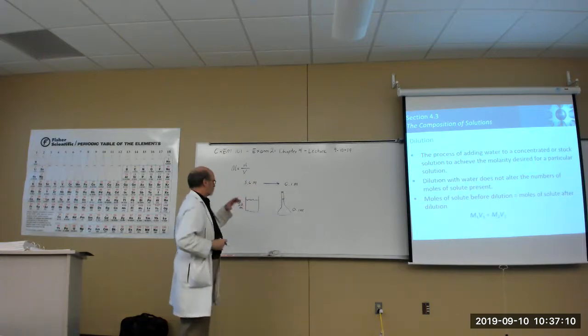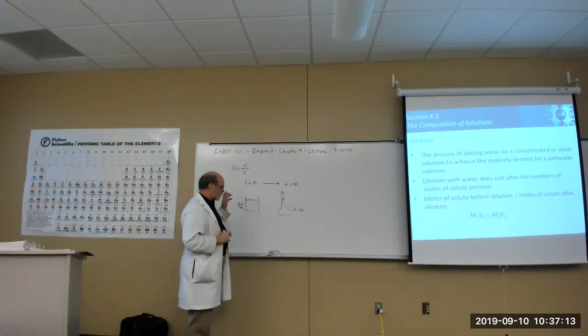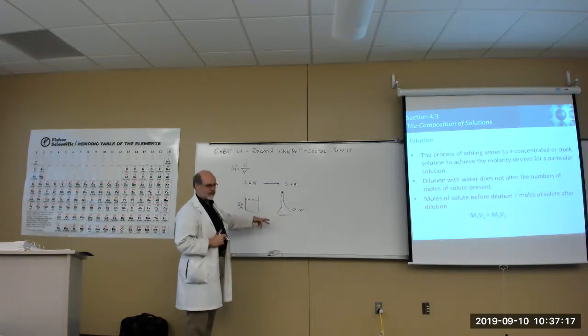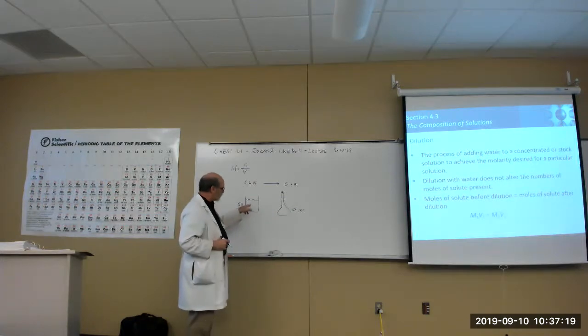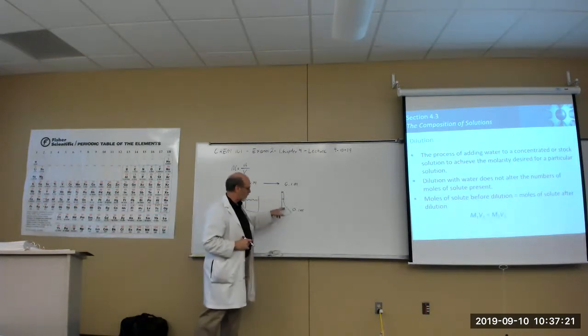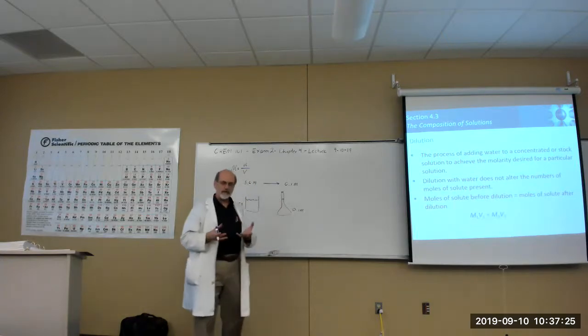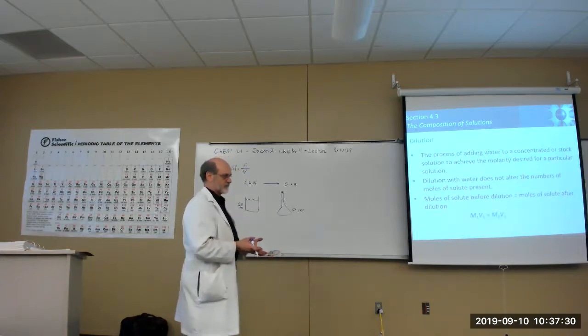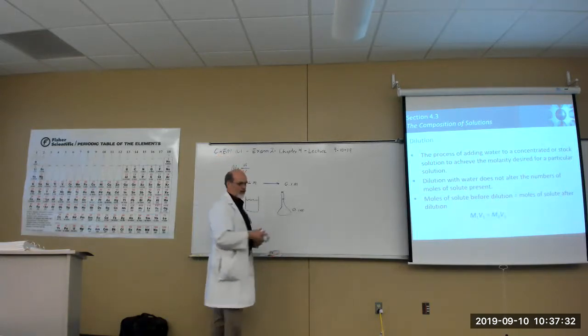So think about this. What do you want to do? You don't want to put the whole amount in there, right? That doesn't serve the purpose. You want to take part of this out, put it over here, and add more solvent. And as you add more solvent, the solute becomes more dilute. Okay? That's the qualitative description.